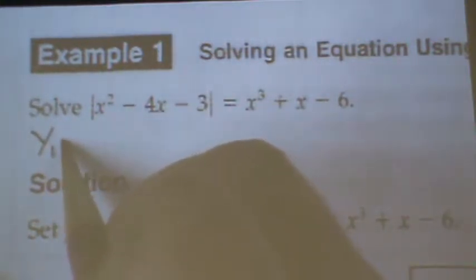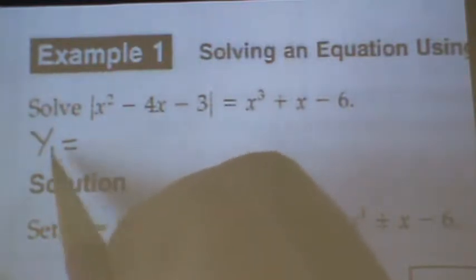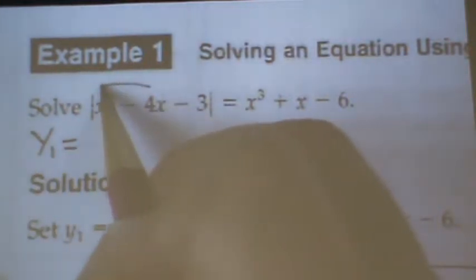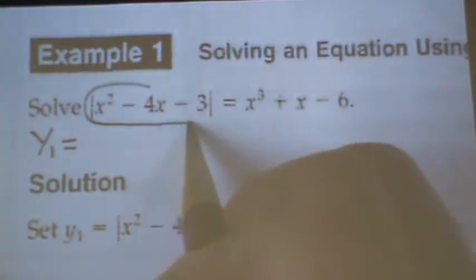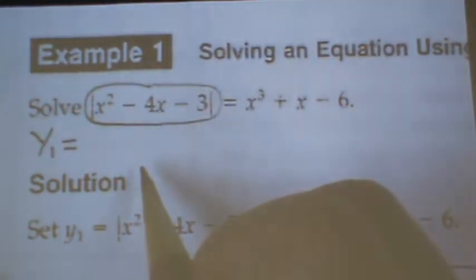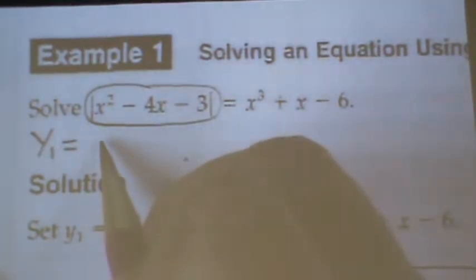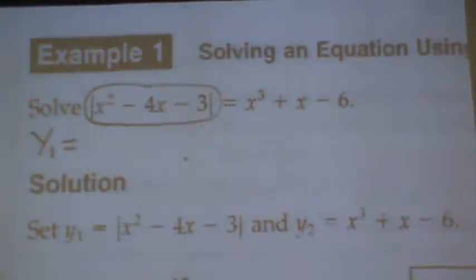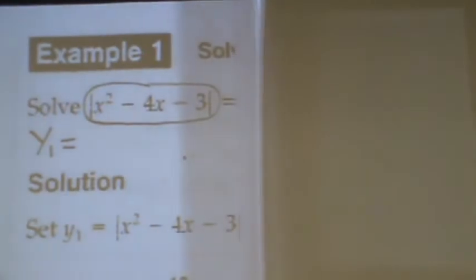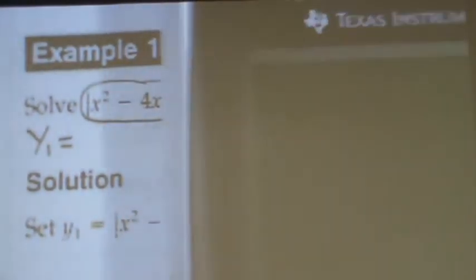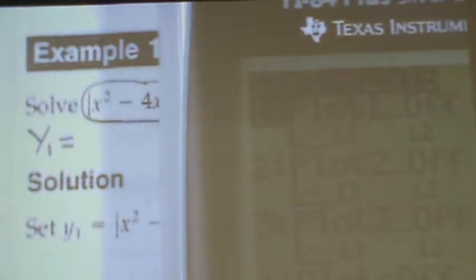And where it says y1, you're going to set y1 equaling this equation right here. Do you guys know how to get absolute value? You're going to type in math, look for the math button. So everyone have y equals.